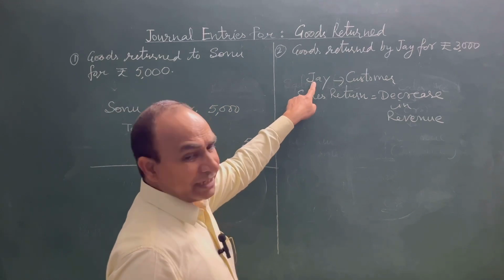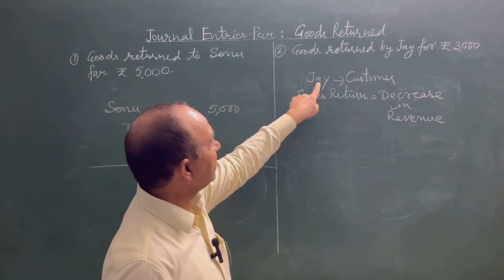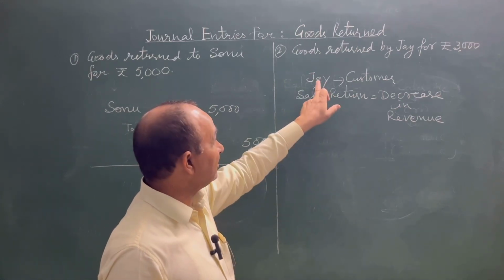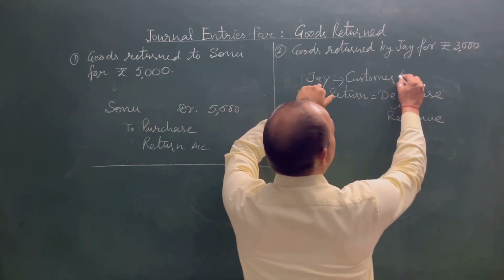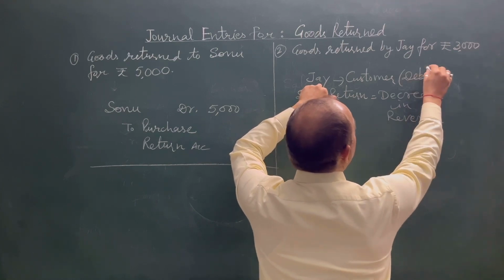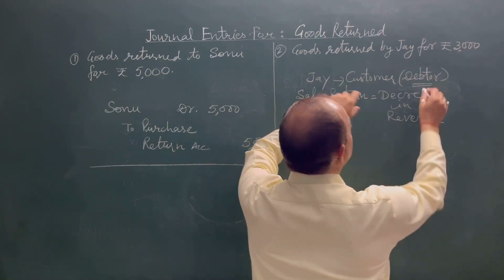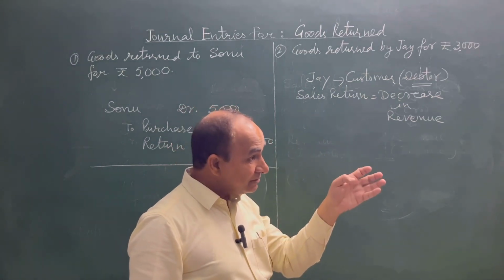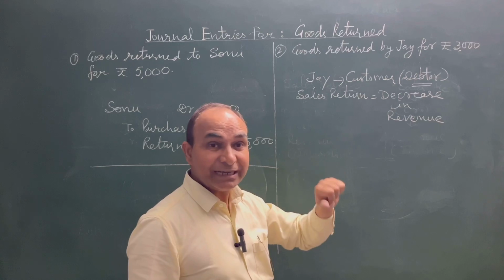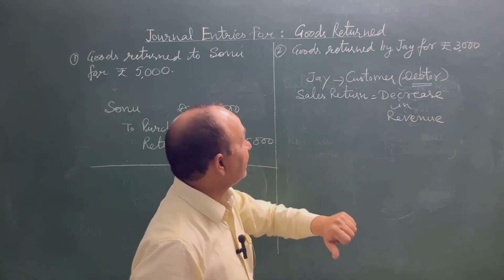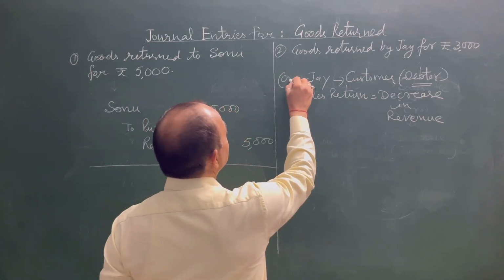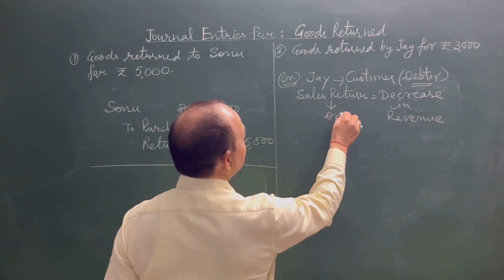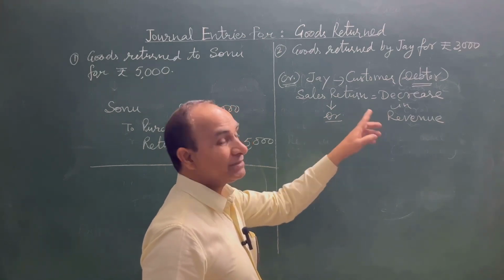So when J, the customer, returned the goods, this results in a decrease in assets of the business, because J is our debtor also. When we sold goods on credit to someone, the person becomes our debtor, and debtor is an asset. When the person returned the goods, this is a decrease in asset, a decrease in debtor. That's why it will be credited, and the sales return account will be debited, because it results in a decrease in revenue.